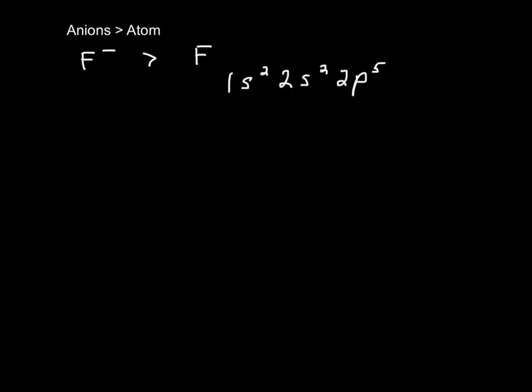Okay, well, anions are always bigger than their atom. So let's look at fluoride versus fluorine. Fluorine is 1s2, 2s2, 2p5. Remember, we talked about how anions form by filling out this energy level. Okay, so it's going to need another electron.